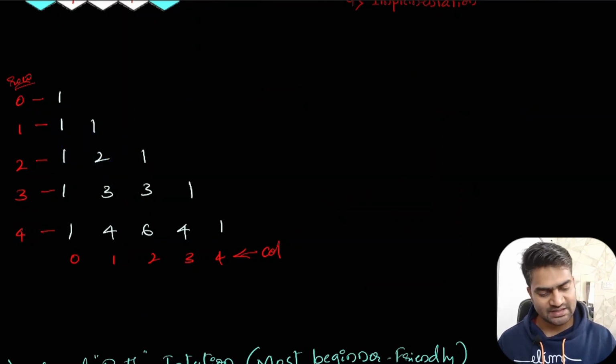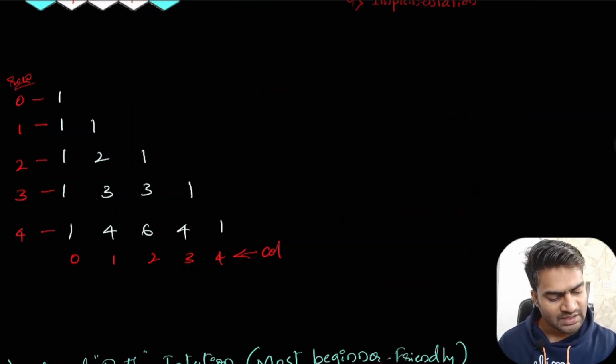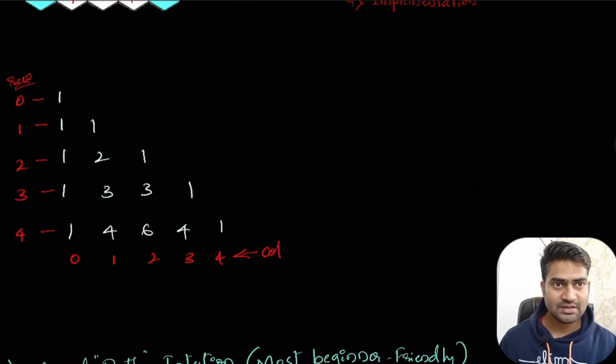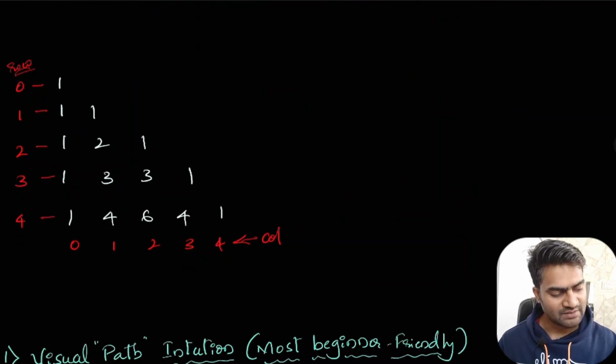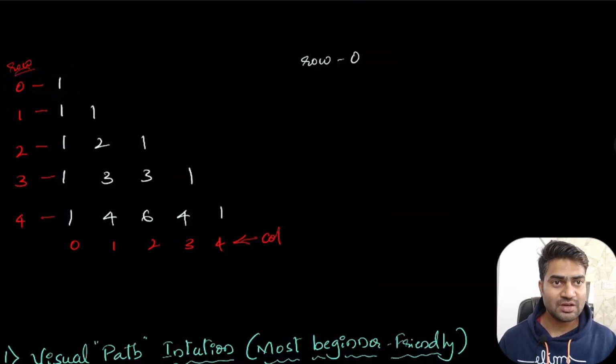So if that is the case, now how will I solve this problem? Basically, I will consider a row initially. For row 0, I don't do anything. Normally they will give the row number, so you will have to subtract 1 so that you solve this problem in zero-based indexing.